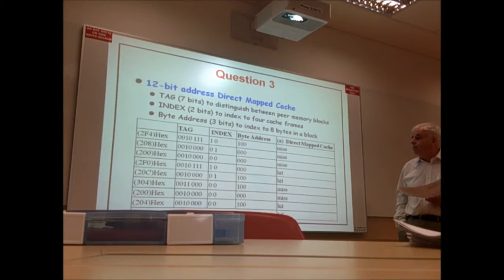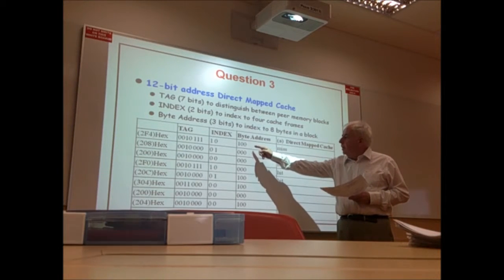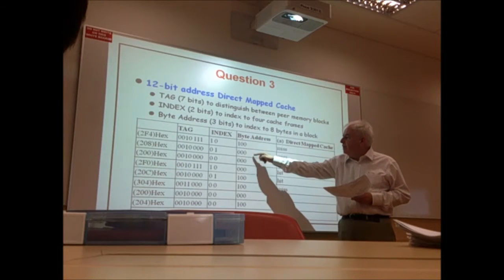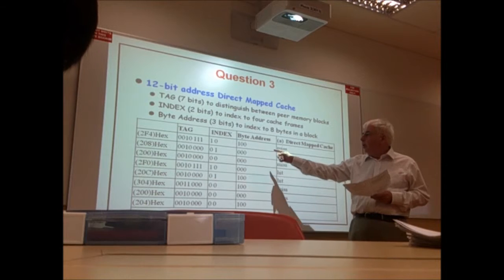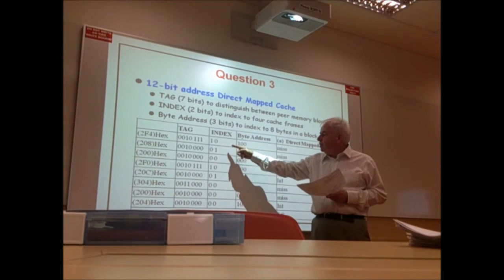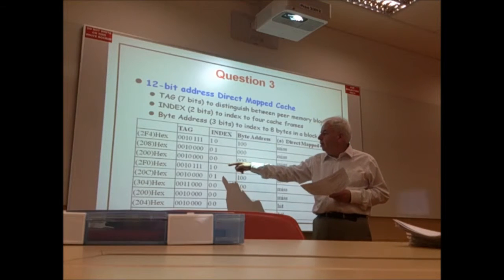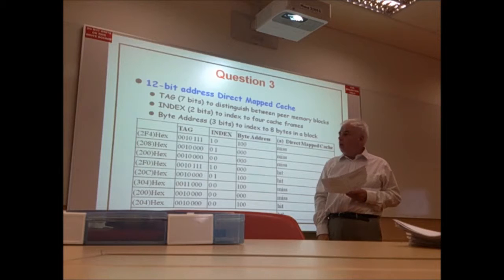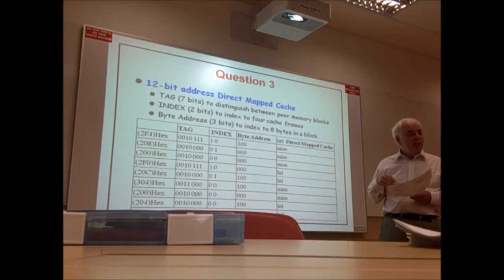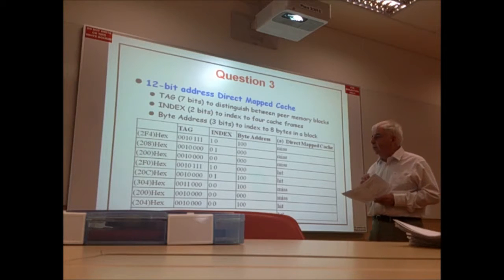With a direct mapped cache, the bottom three bits of the address are the byte within the block. The next 2 bits give you the index to the cache frame, and the upper bits give you a tag which identifies the different blocks for that particular cache frame.